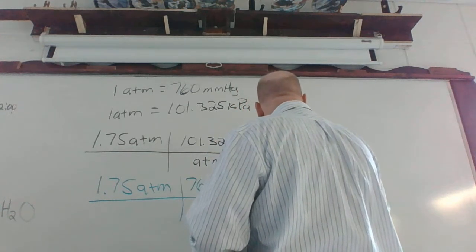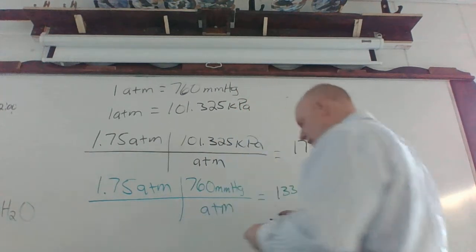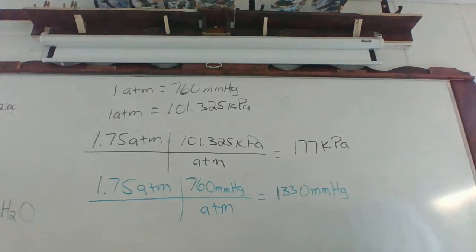And millimeters of mercury. Okay. Now, one of the aspects that we start studying right away when we're talking about pressures of gases is what we call manometers. Those are used in many different applications.